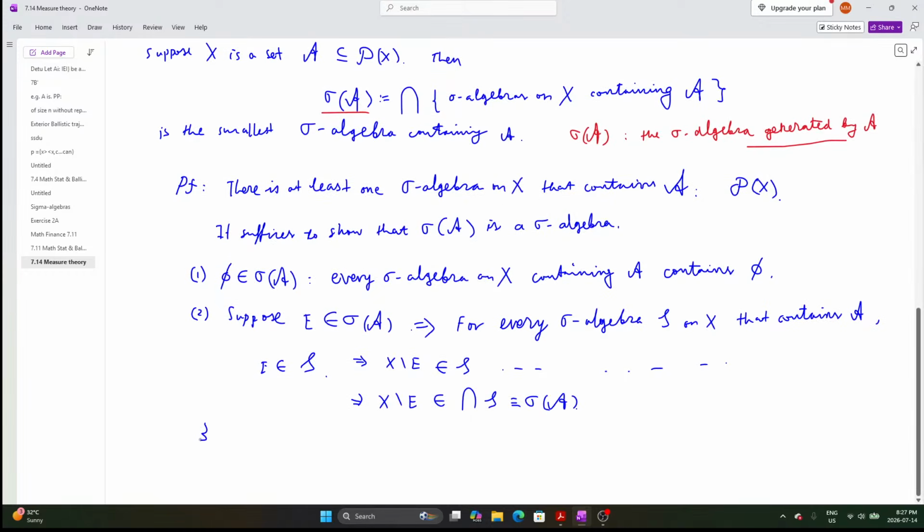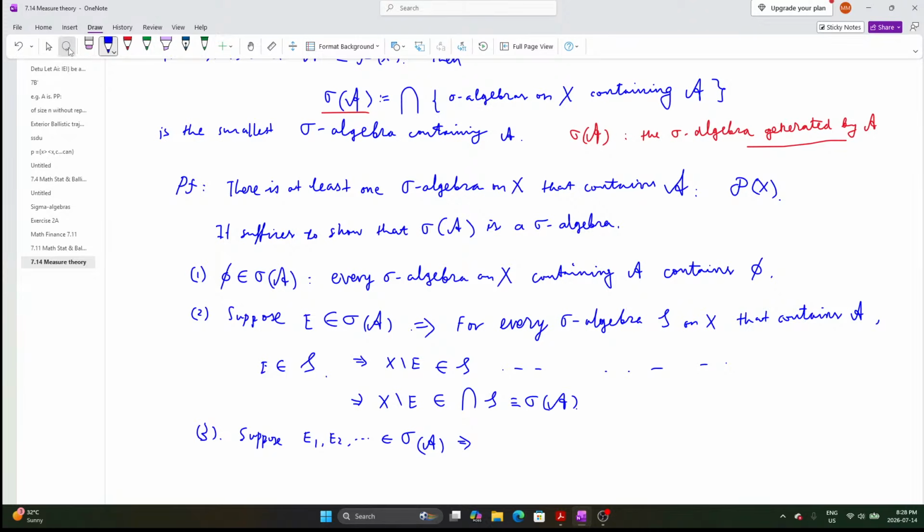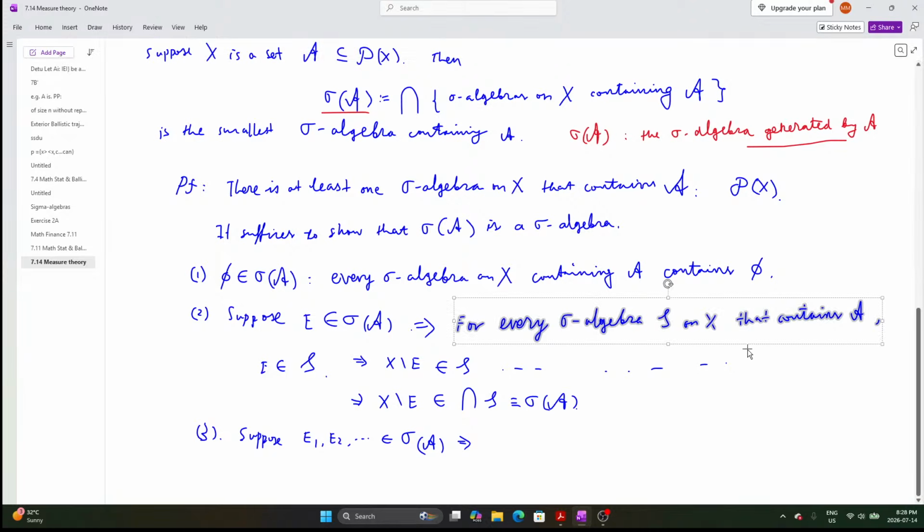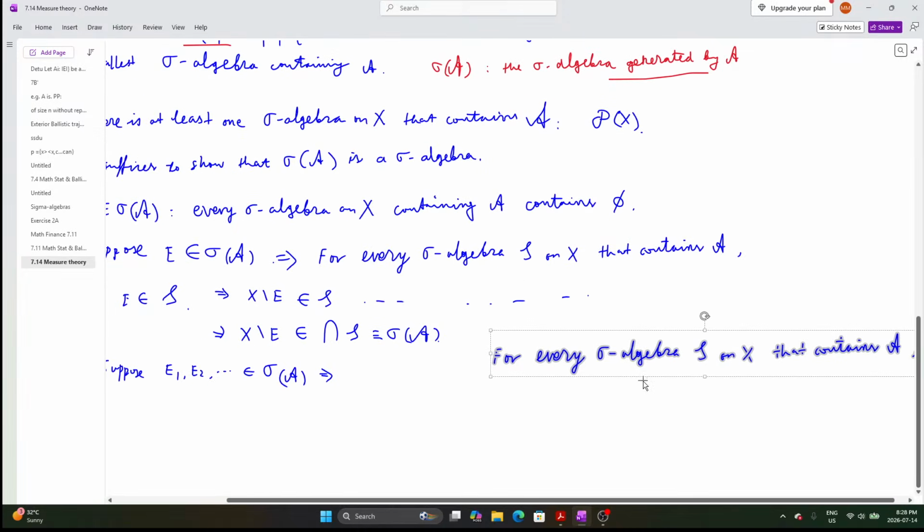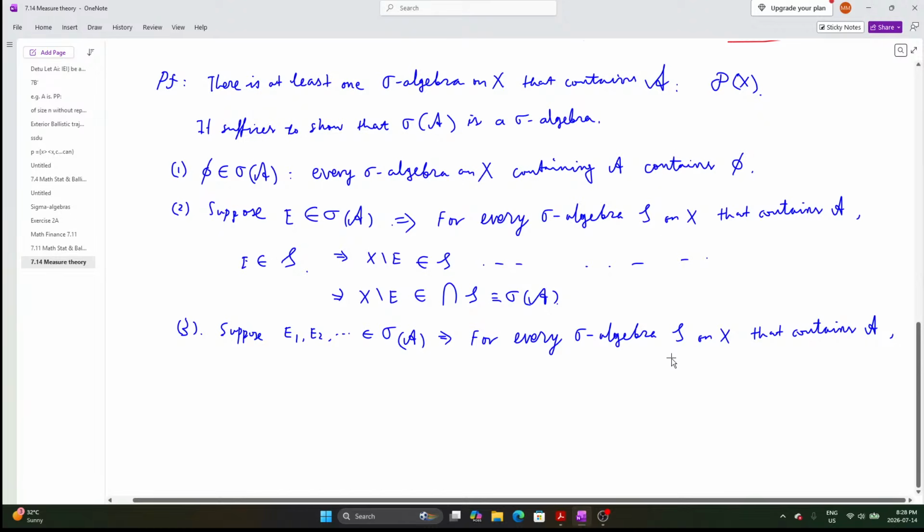Okay. Third one. Suppose you have a sequence E1, E2, and so on in sigma of A. Then for every sigma algebra S on X that contains A, it contains the entire sequence E1, E2, all the way.